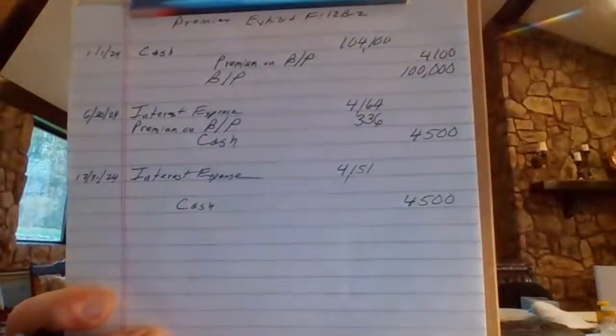Let's see, gotta look at the table, 4,151. Again, I'm short on the debit side. How much? $349. And that is the premium on bonds payable amortization.